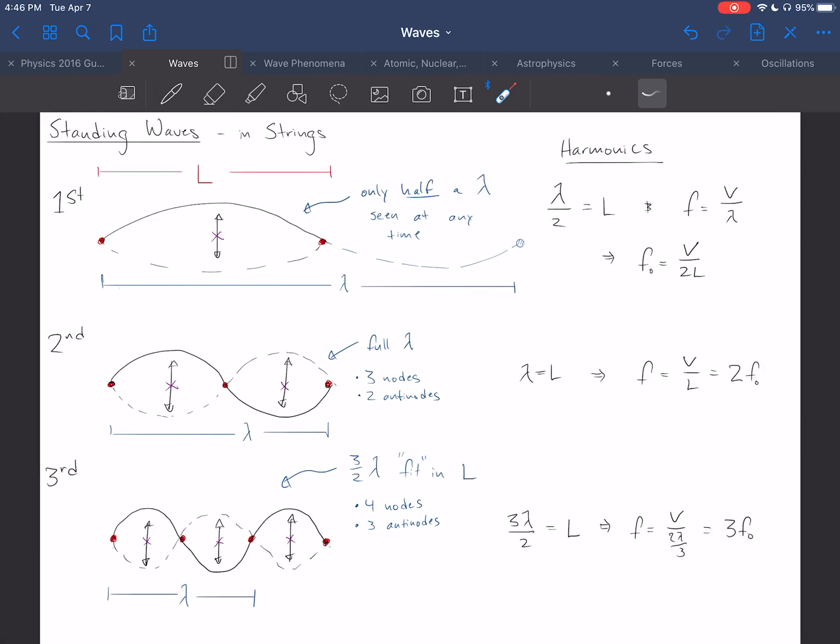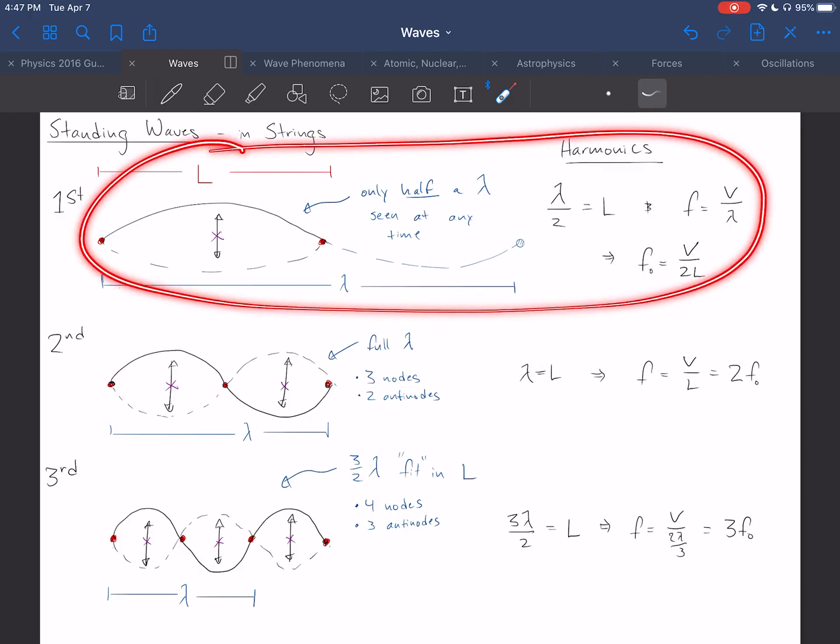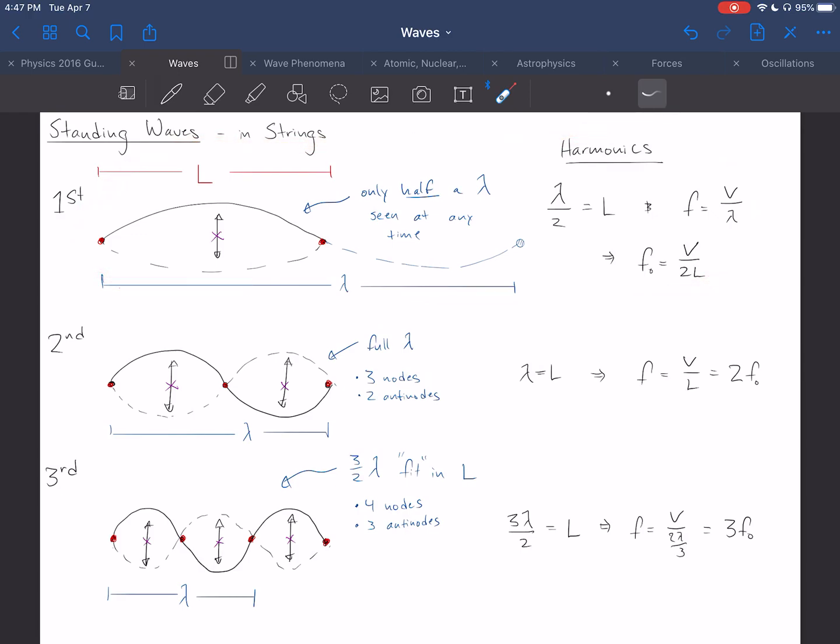We will see how these ideas connect to sound waves in a little while. So, this pattern can be extended, and not only that, we can discover patterns in the frequencies produced. This first harmonic is analyzed here in this first row. Consider then the second harmonic. In the second harmonic, we have 3 nodes, shown here, as well as 2 antinodes.